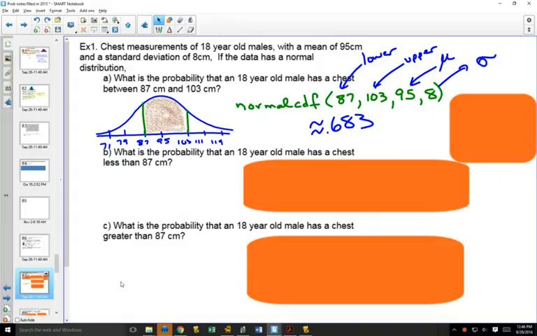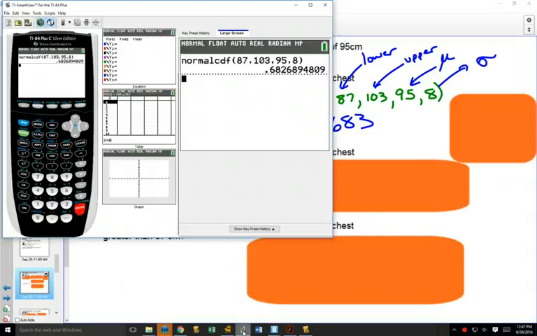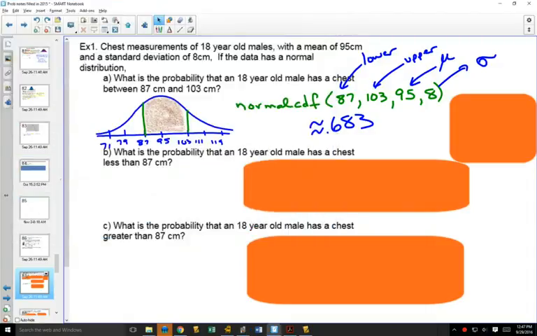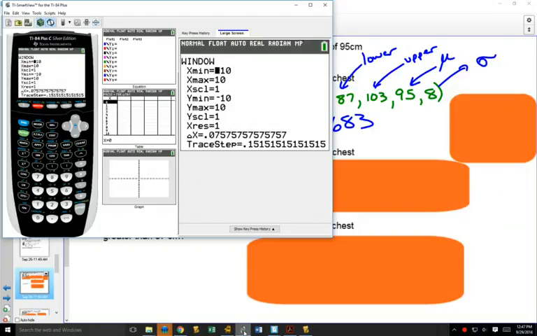If you would like to see this on your graphing calculator, first of all, you'd have to go to your window and set it up to match. Looking at my data, I go from 71 to 119, which is 3 standard deviations above and below my mean.